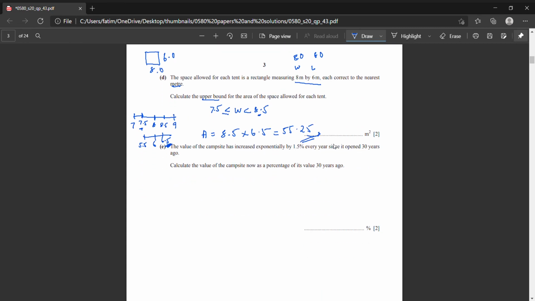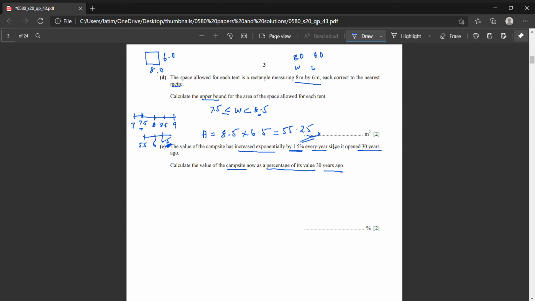Anyway, for part E, the value for the campsite has increased exponentially by 1.5% every year since it opened 30 years ago. Calculate the value of the campsite now as a percentage of its value 30 years ago. So, first of all, because it's increasing exponentially, we know it has something to do with compound interest and the compound interest formula.